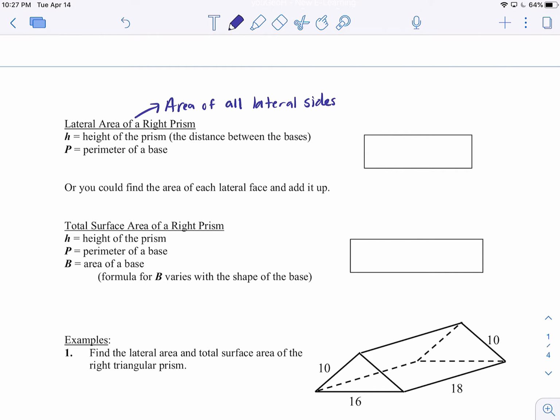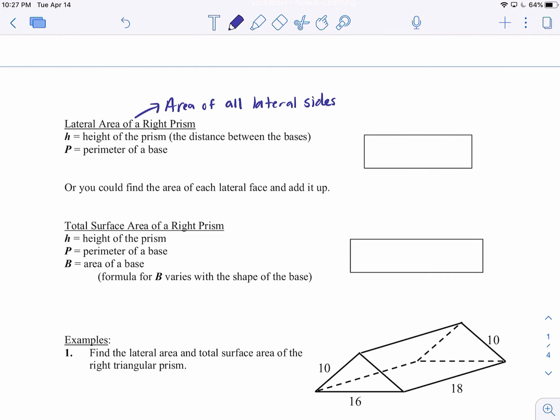And so if we think about this in real life, if you think about a box, when you set a box down, we've got maybe a lid on the top and we've got the part sitting on the bottom. The lateral sides are going to be each of the edges that are connecting the base on the ground to your lid. And so it's the area of all of those figures. I think of it as like the sides of it, and then we have a base and we have a top.